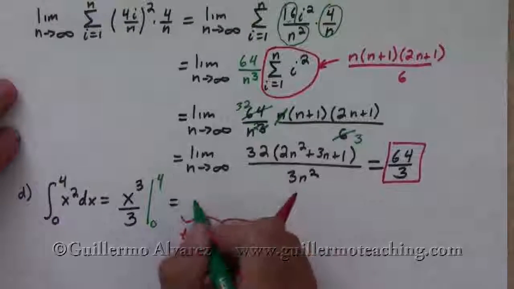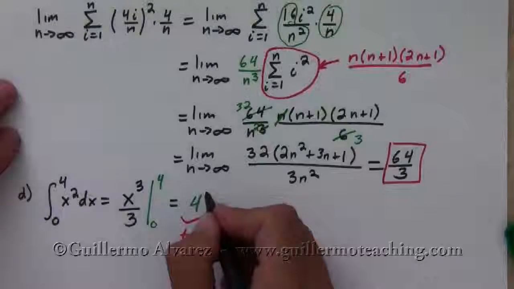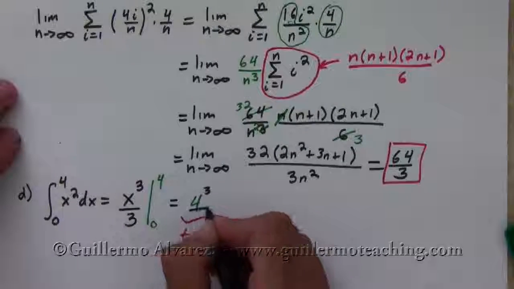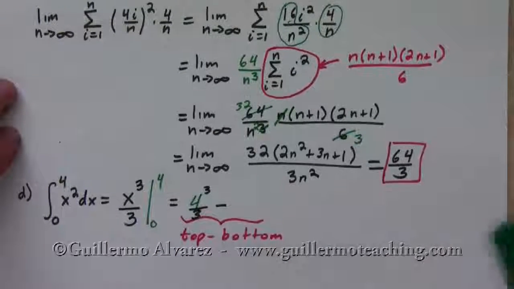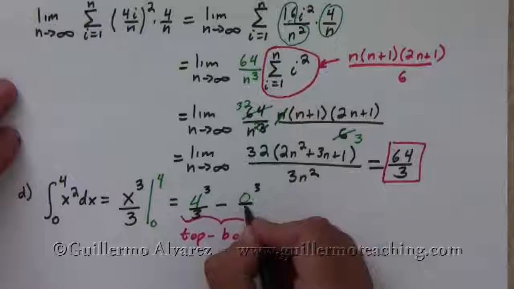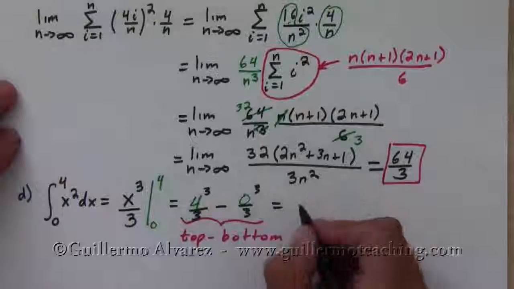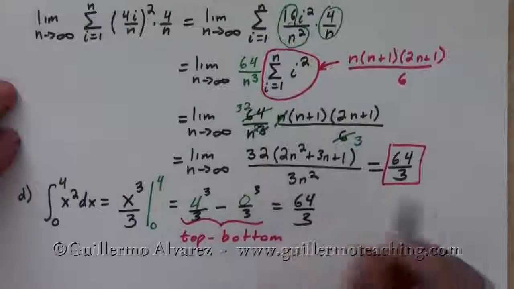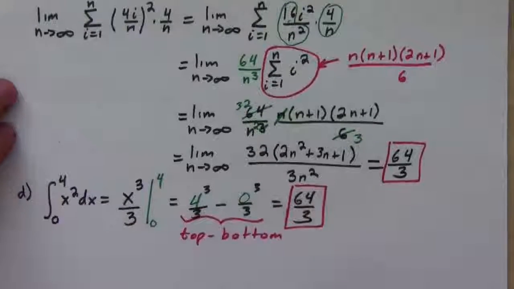So you plug in the top number, so this is going to be 4 cubed over 3, minus, plug in the bottom number, which is 0, so 0 cubed over 3. Well, this is just 0. 4 cubed is 64. And that's pretty much it.